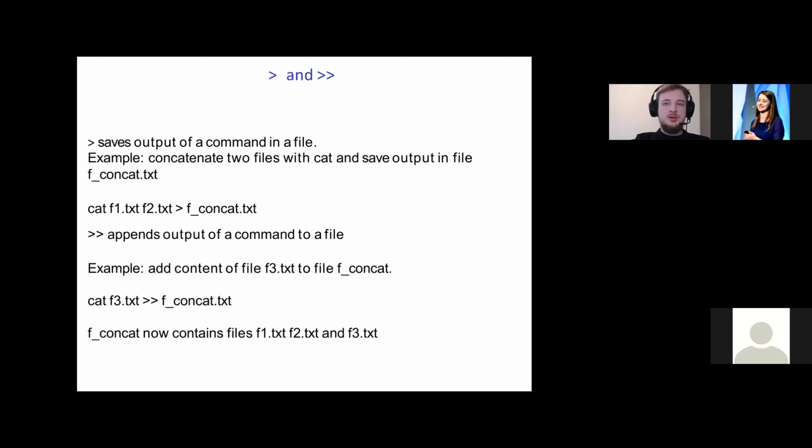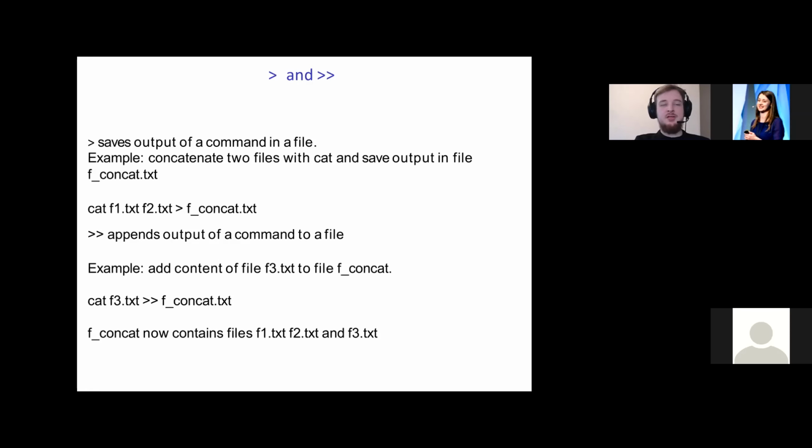This is a similar example as I told you about before, so I think we won't go over this again. Oh, actually, the double greater than signs. If one greater than sign means that we are saving the output to, let's say, a file, then 2 greater than signs means that we are appending to a file. If we already have an existing file and we want to append some information from a different file, we would use the double greater than sign.